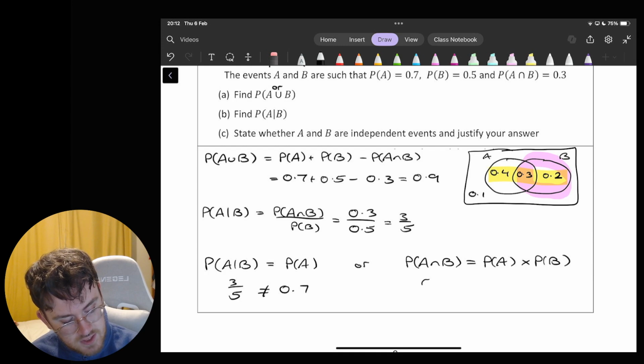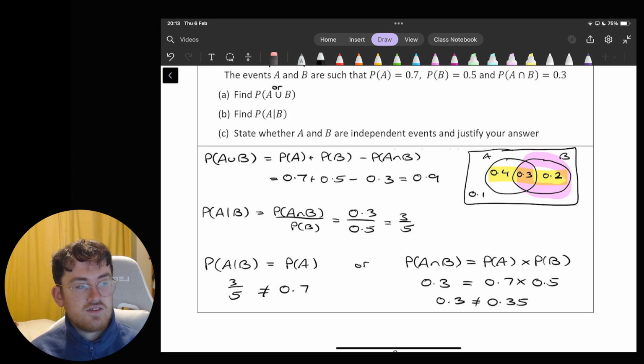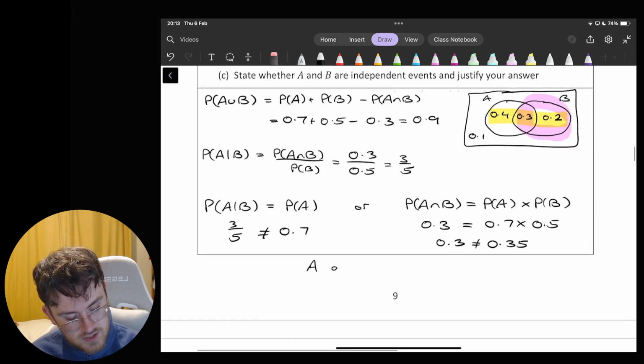Probability of A and B is 0.3, which, if we do a bit of multiplication here, 0.5 times 0.7, is not equal to 0.35. So we're ending up here that A and B are not independent.